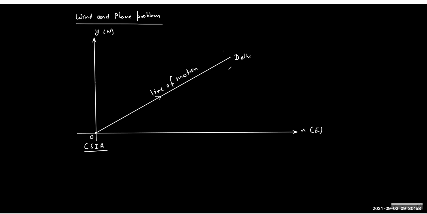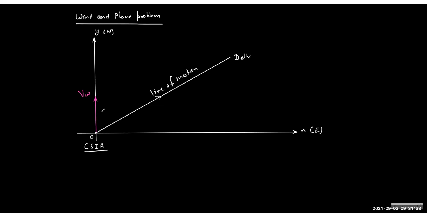So you are supposed to land only on the runways, and therefore the line of motion is the line joining the two airports. Let's take a scenario when the wind is also present and it's very high speed. At altitude, the wind speed also increases because there is no obstruction. But still, the wind speed is very small compared to the plane velocity. So that's not an issue.